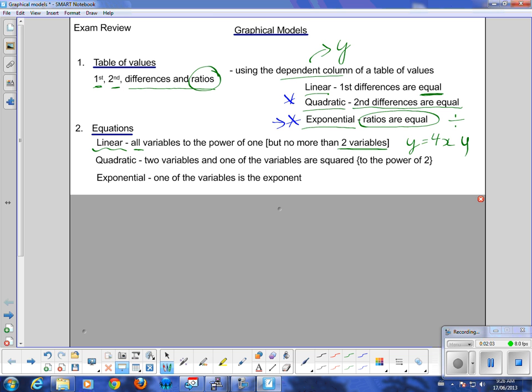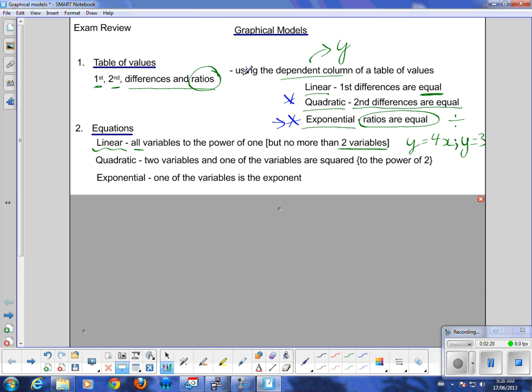If I have y equals 3, that also is linear. I only have 1 variable, but that's fine. But I couldn't have, for instance, y equals 4xb, so I can't have 2 variables being multiplied there. Otherwise, it's not linear.